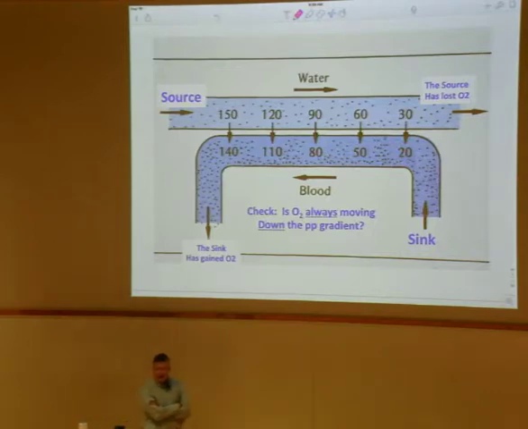Okay, see if you can close your eyes and picture all the steps. Picture the amounts, picture the movements.